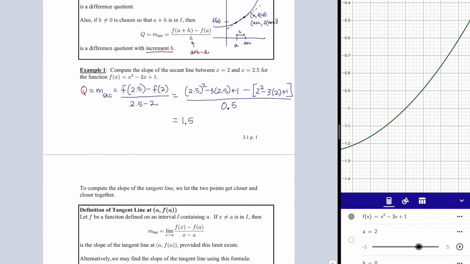So I can't let h actually be 0, but I want h to be as close to 0 as possible, and we're trying to find the slope of that line.